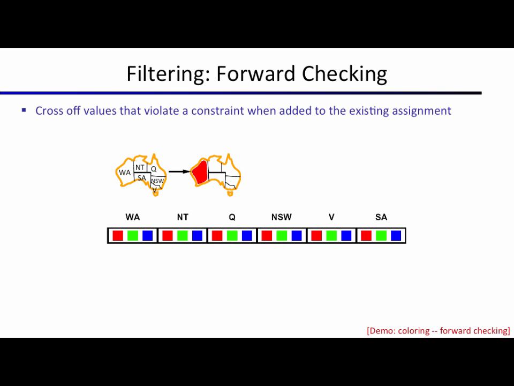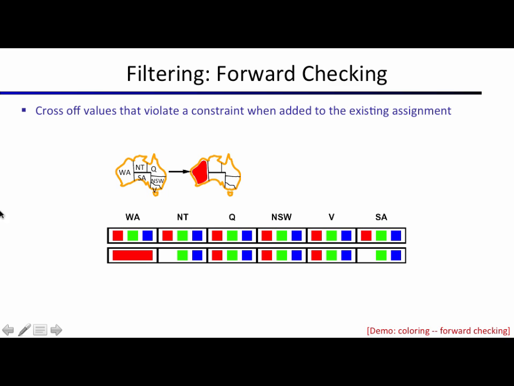So for instance, let's say I go and I assign Western Australia red. Western Australia becomes red, and what did I do? Well, I know it has a constraint with Northern Territory, and Northern Territory can't be red anymore. So I eliminate red from the domain of Northern Territory. I do the same for Southern Australia. Then I move along. Let's say my next variable for some reason is this guy here, Queensland, and I assign it green.